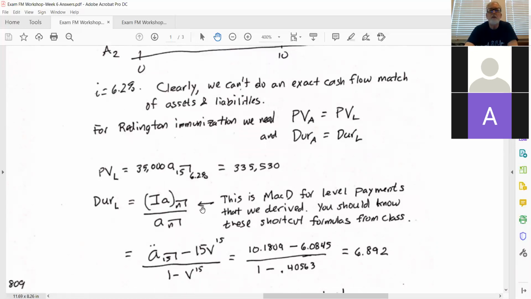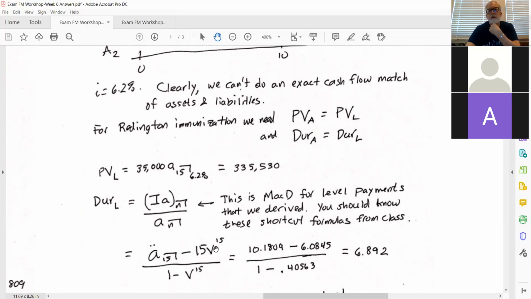Because of this ratio, you don't even need the over i part, because the i in both of the denominators will cancel. So (Ia)angle n over a angle n is just a-double-dot angle n minus n v^n, over 1 minus v^n. And it's pretty easy to calculate. The a-double-dot you would do on your financial calculator.